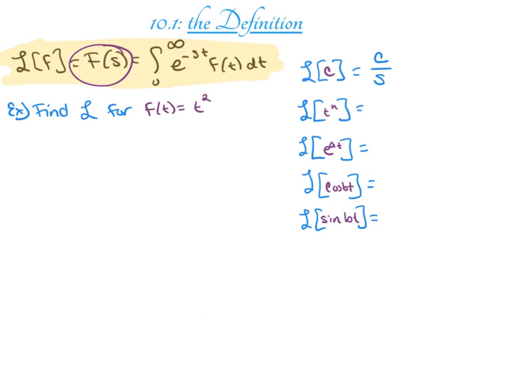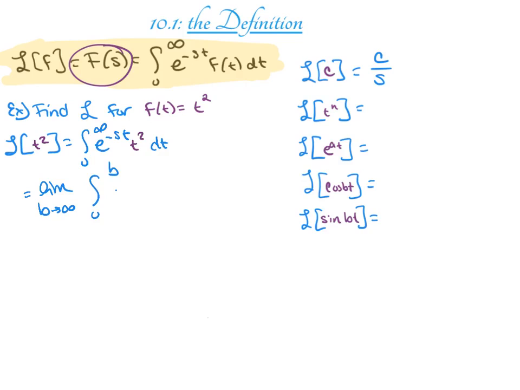The Laplace transform of t squared would be the integral from 0 to infinity of e to the negative st times t squared dt. But that is the limit as b goes to infinity of the integral from 0 to b of t squared e to the negative st dt.